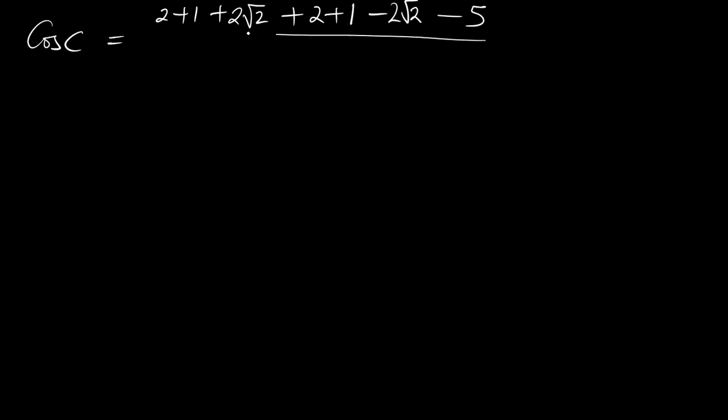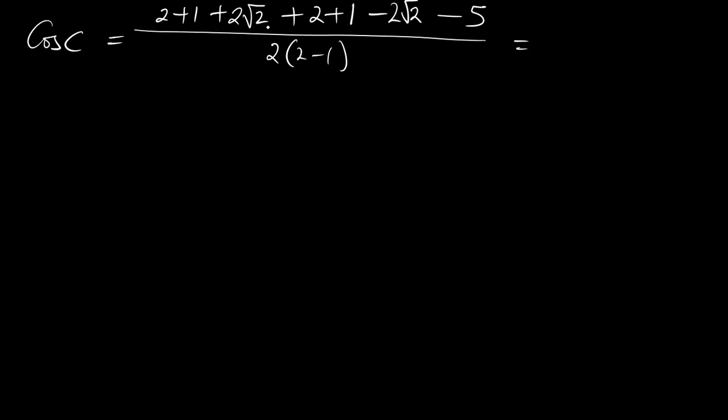So cos C will be equal to 2 plus 1 plus 2 root 2, plus 2 plus 1 minus 2 root 2, minus 5, all over 2 times 2 minus 1.